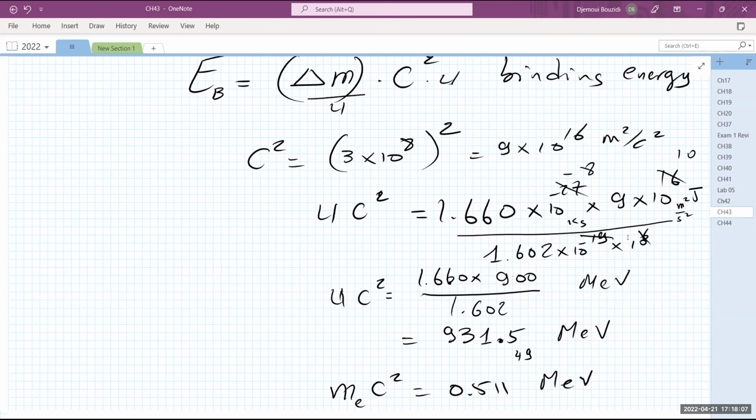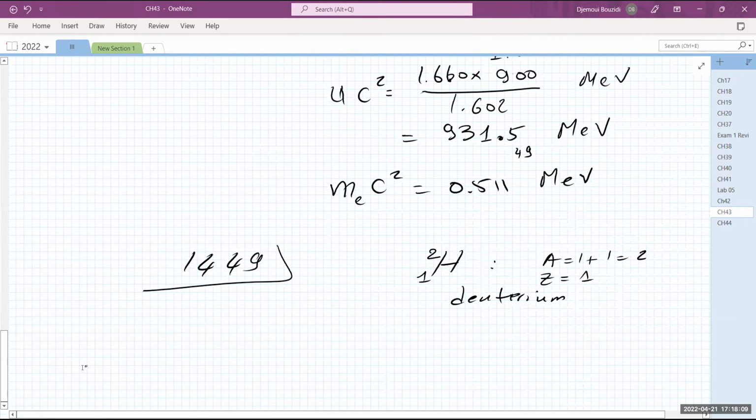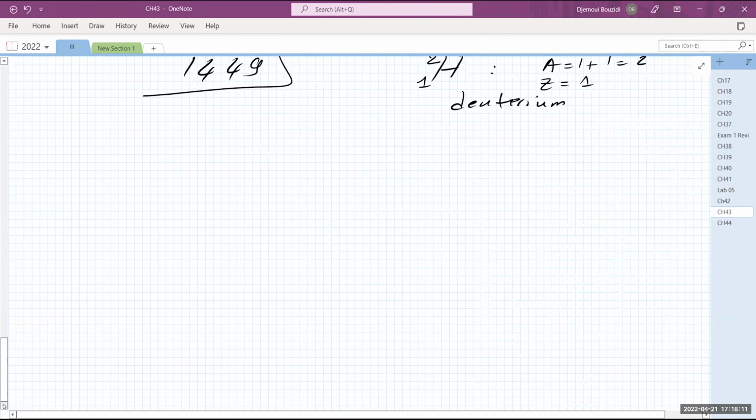Okay, so I can plug in the numbers in here. First of all, the mass of the hydrogen atom, which is 1.007825, minus the mass of the neutron.